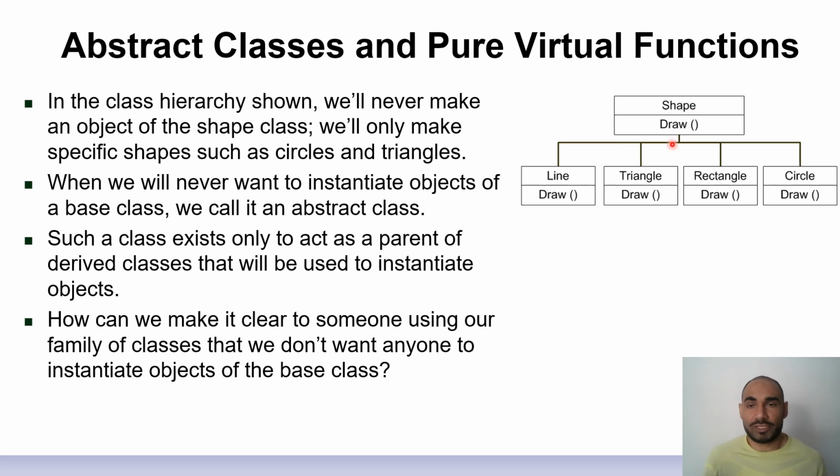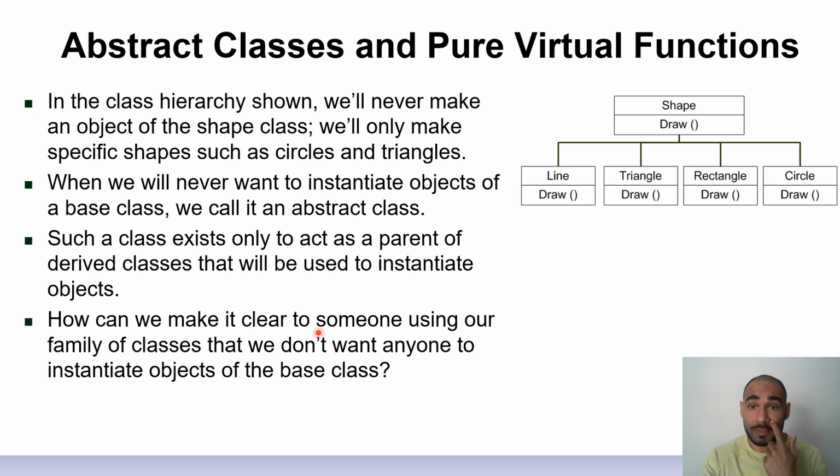It means when we do not really need to create objects of a class, we call it an abstract class. Such a class exists only to act as a parent of derived classes that will be used to instantiate objects. How can we make it clear to someone using our family of classes that we don't want anyone to instantiate objects of the base class?